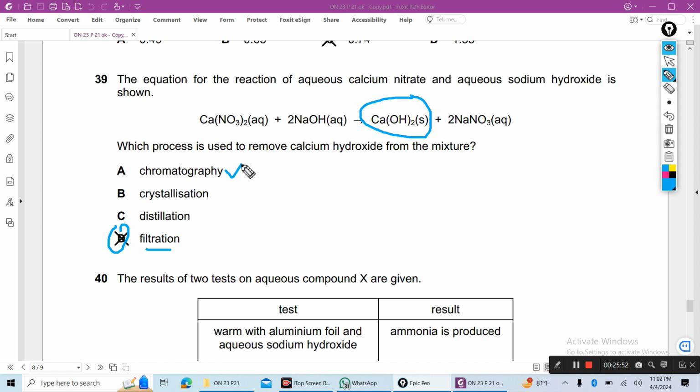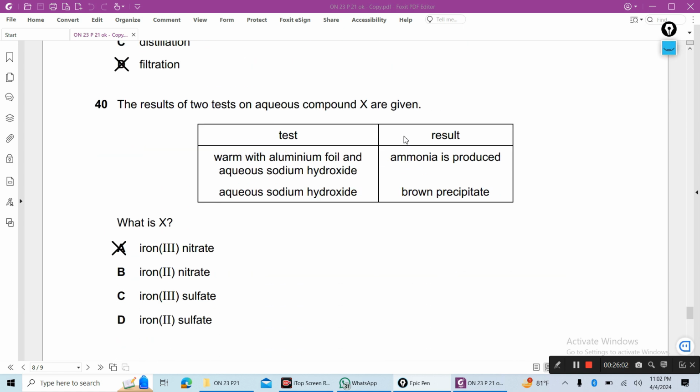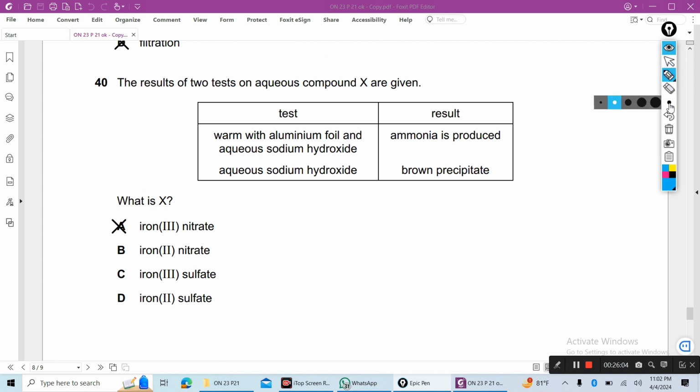Now, the results of two tests on aqueous compound X are given. Test: warm with aluminum foil and aqueous sodium hydroxide. If ammonia gas is produced, this is the test for nitrate ion.